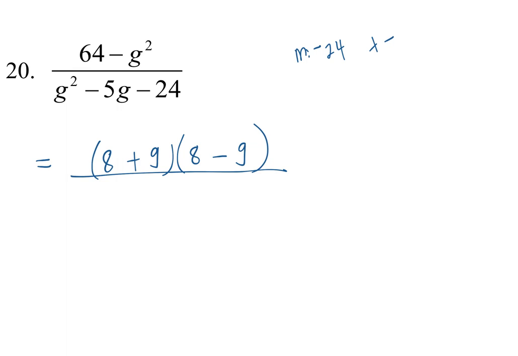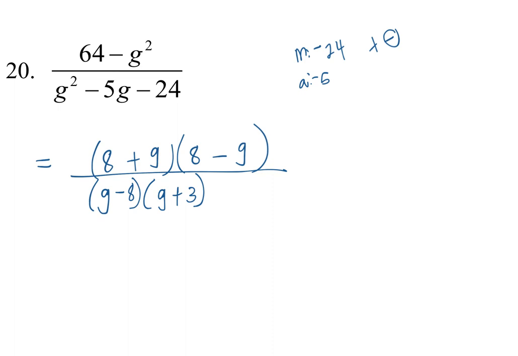They had to give us a negative 5, so your larger number will be negative. g minus 8 and g plus 3.